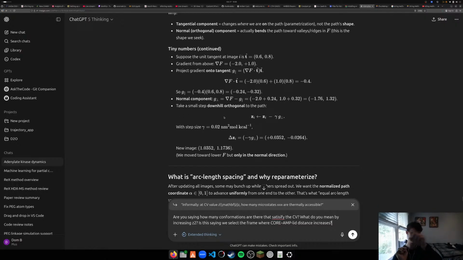So I'm envisioning a curve. There's a tangent line, and then the normal would be a line that makes a cross with the tangent. So we take a step along that path.